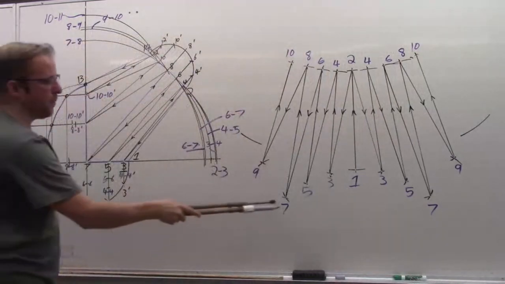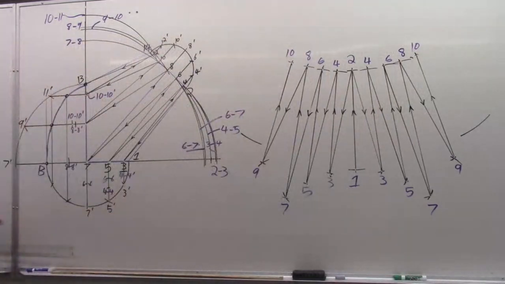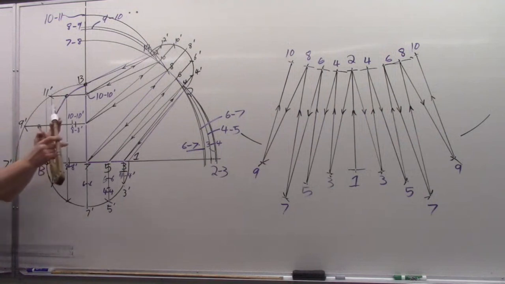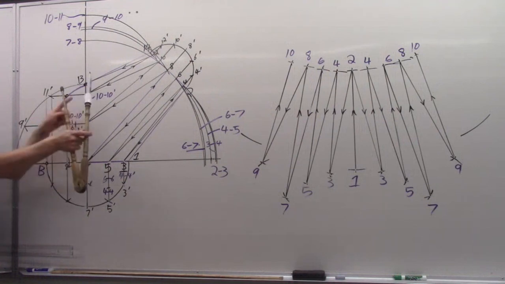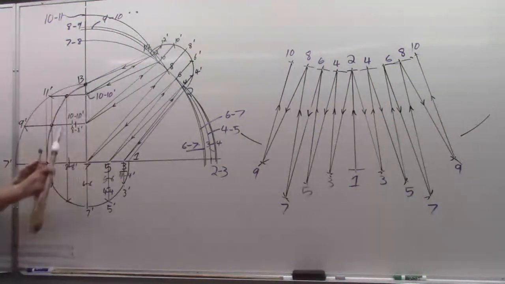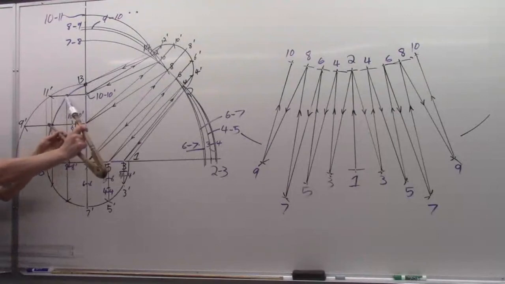When we did the step off from 7 to 9, we used 7 to 9 on our sector. We're not going to use that one. Now we're at 9 to 11, so we've got to use that as our step off. See on that pattern how each one's a little bit of a different size. Same idea here. The middle one's smaller than the big one, and the small one is even smaller. So that's our next step off.